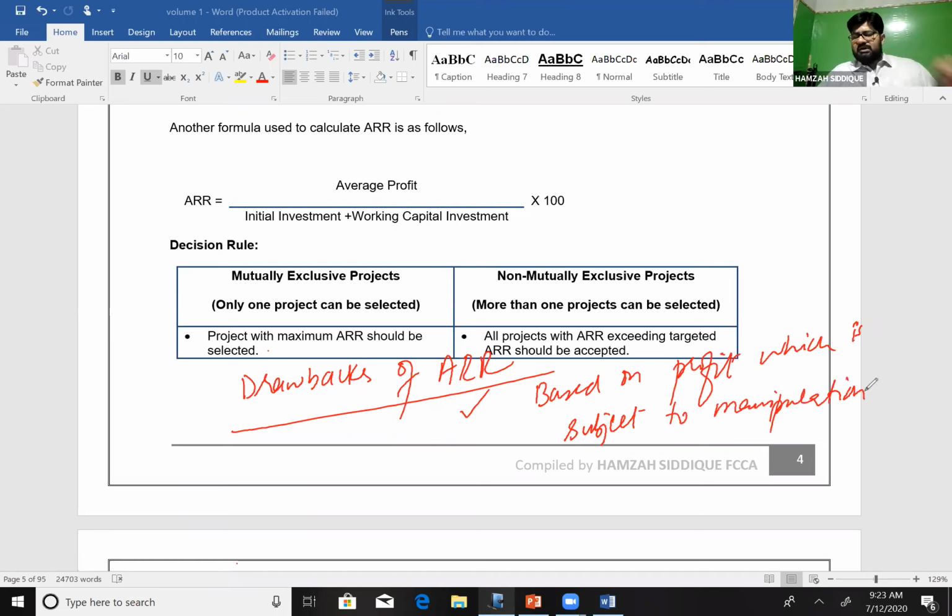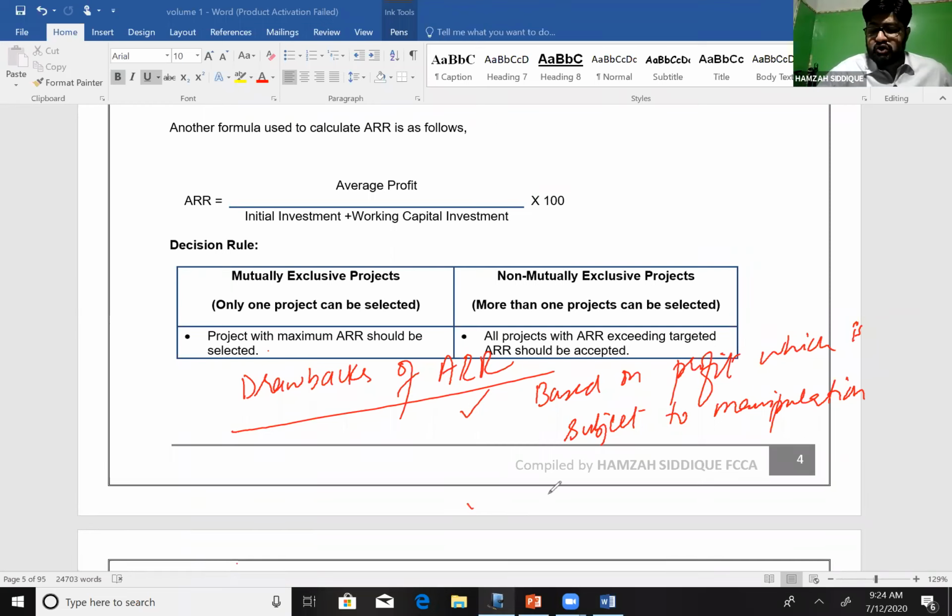It means that you can increase or decrease profit by changing some judgmental items in the financial statement, depreciation, provisions, and such items. You change those items and you change profit. So the first drawback is that it is subject to manipulation.